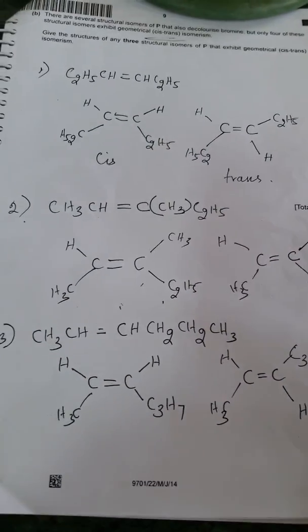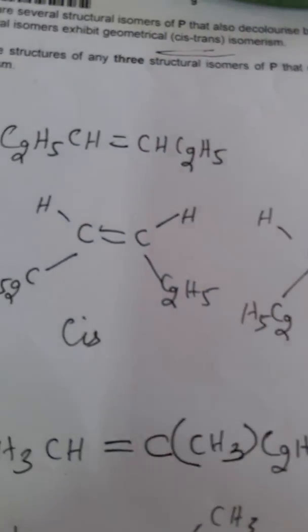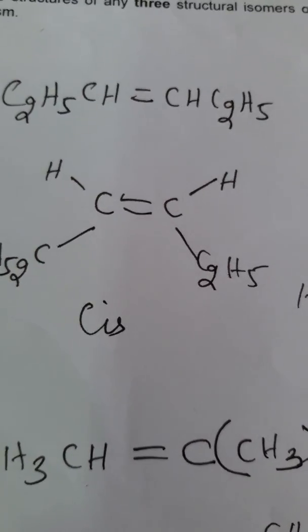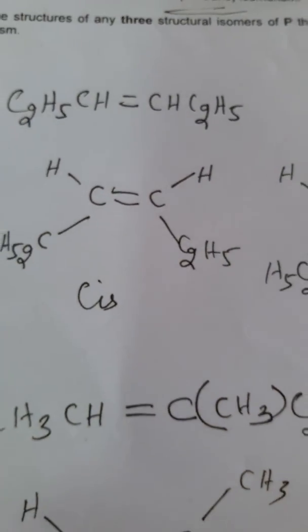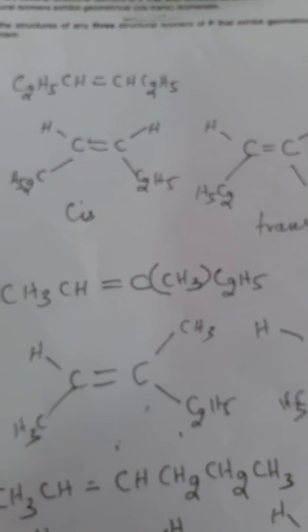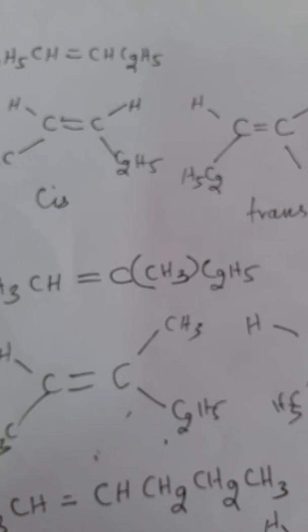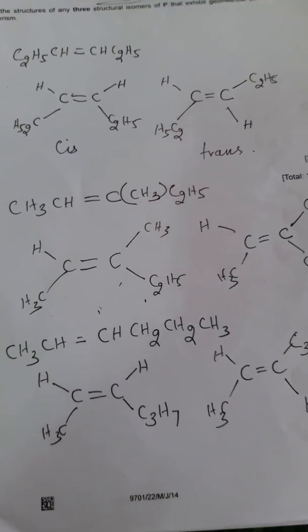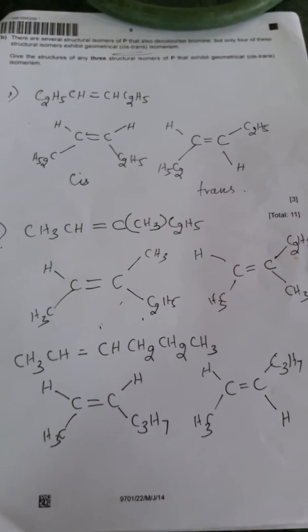So I think now you understood the concept, right? So the first one, the 3 carbon atoms over here and the double bond, and again 3 carbon atoms. So you can write the cis and trans like this, but they haven't asked you to write cis and trans, but still I have shown you how to write cis and trans. Okay, yeah. So like this you need to try this.